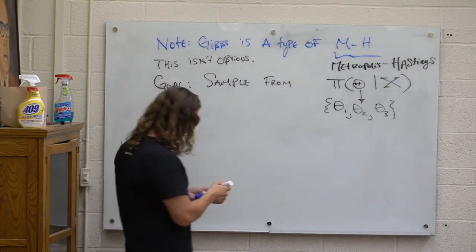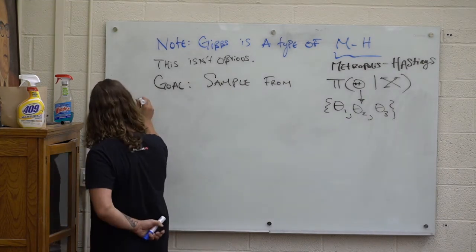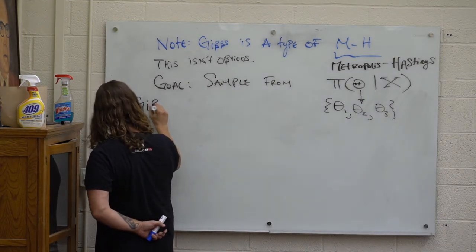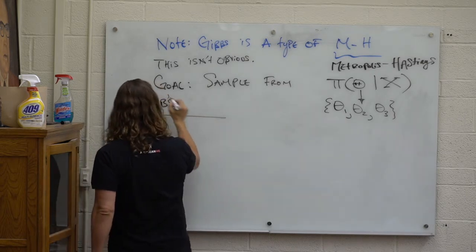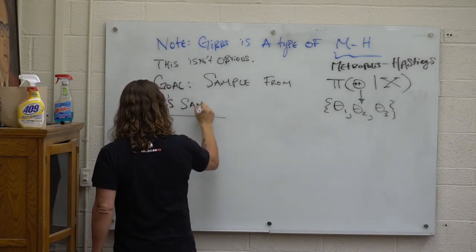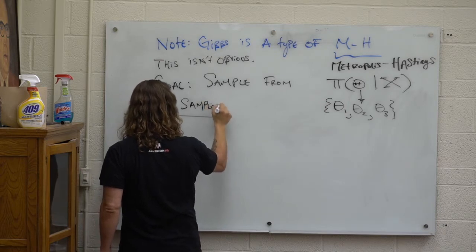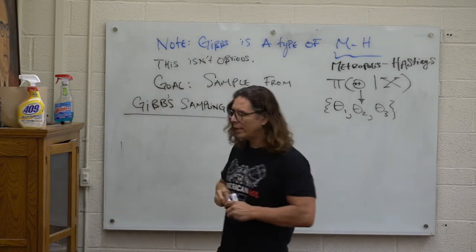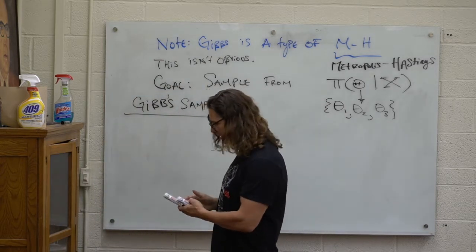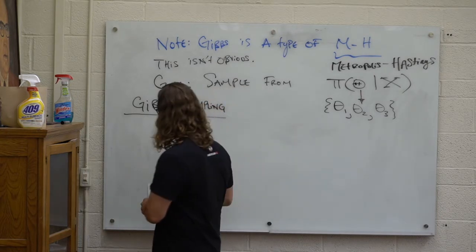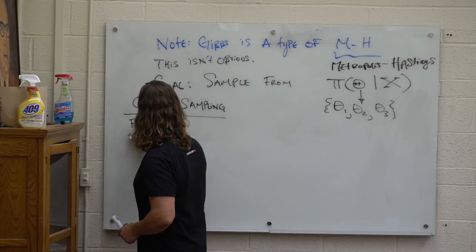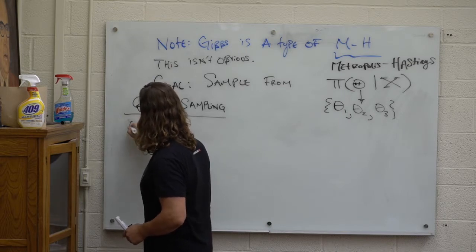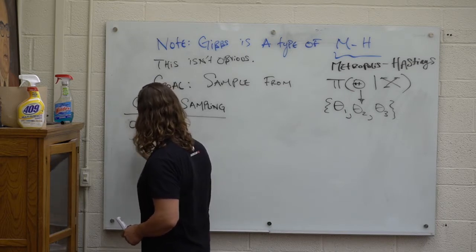Okay, so here's what a Gibbs sampler does. Gibbs breaks up the full conditional. So Gibbs sampling. And this is going to run in a for loop. Again, this is an iterative algorithm. So for, there's a couple steps.